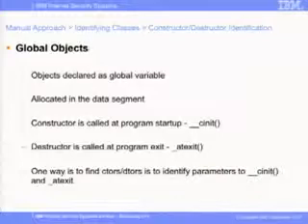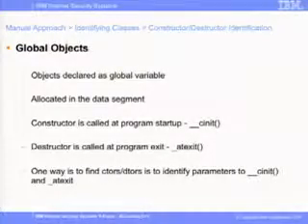For the global objects, these objects are declared as global variables, and they're allocated like all global variables in the data segment of the program. The constructors for global objects are called at program startup, and the destructor is called at program exit.